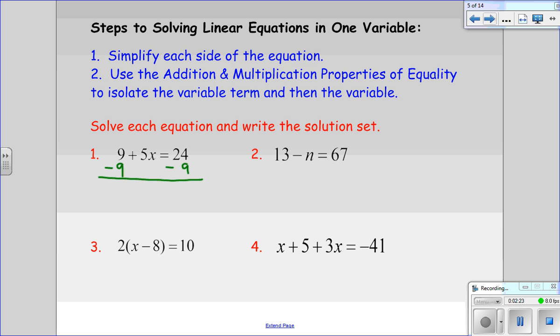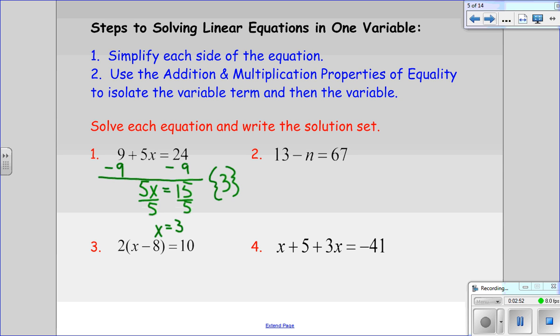This means that 9 minus 9 equals 0, and we get 5x equals 15. Now that our variable term is isolated, we can isolate the variable by using the multiplication property. Our equivalent equation is x equals 3, and therefore 3 is our solution.